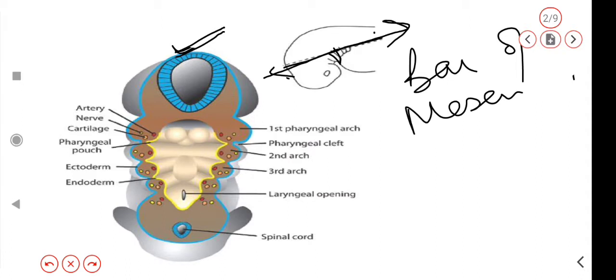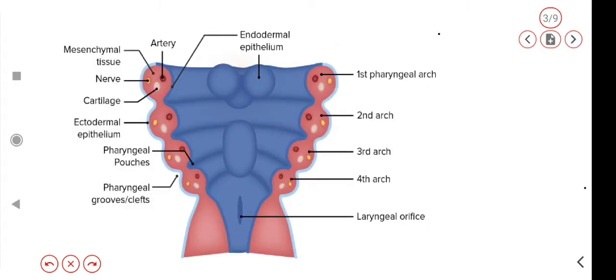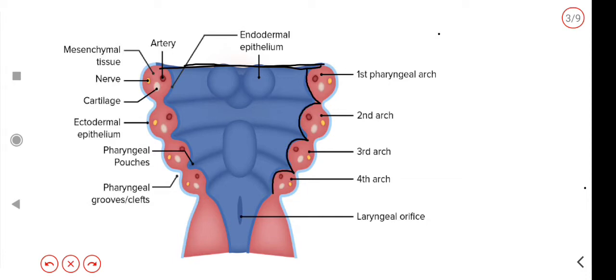Simultaneously, externally we have clefts, internally or from inside we see the out pocketings or pouches appear along the lateral wall of the pharynx. See this diagram. This is the future mouth or stomodeum. This inner lining is formed by the epithelium, which is derived from the endoderm.